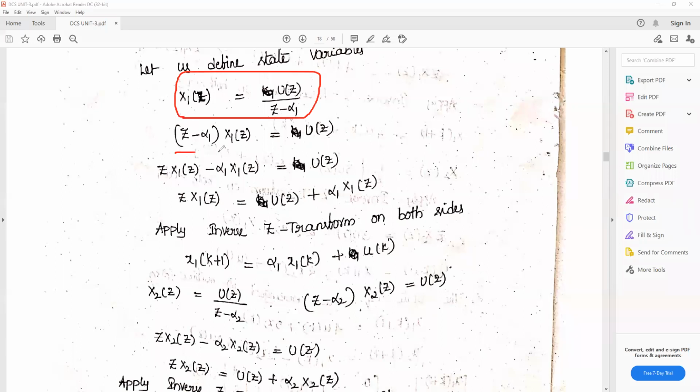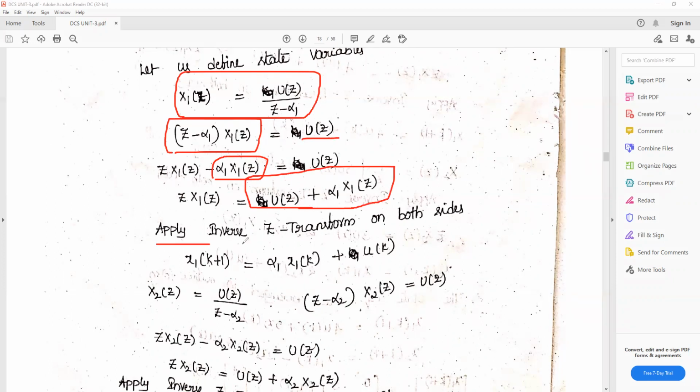So x1 of z into z minus alpha 1 is equal to u of z, that is, z into x1 of z minus alpha 1 into x1 of z is equal to u of z. So z into x1 of z is equal to u of z plus alpha 1 into x1 of z.